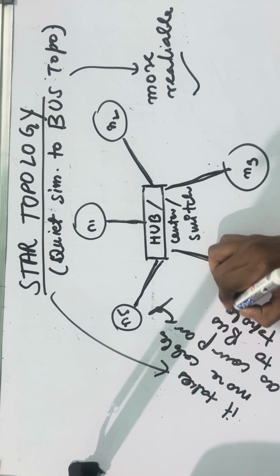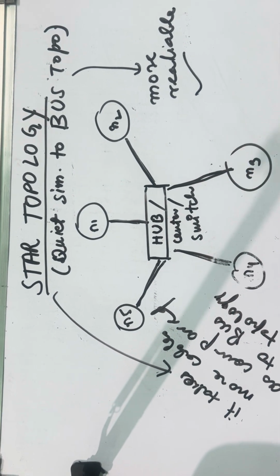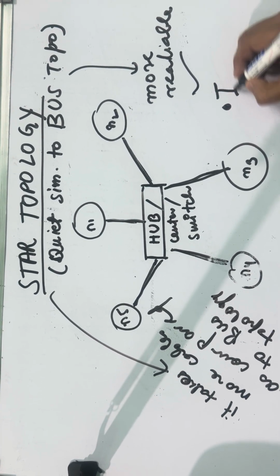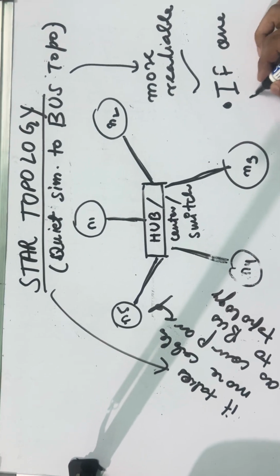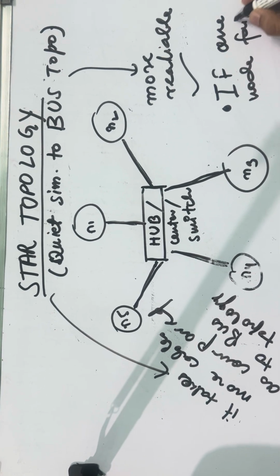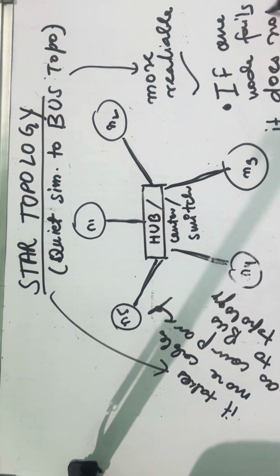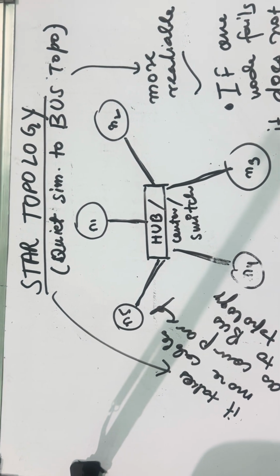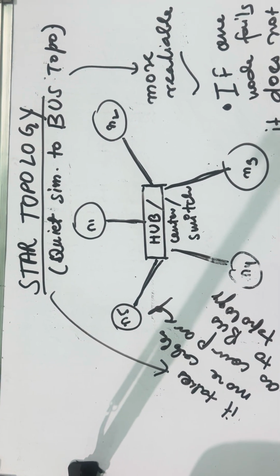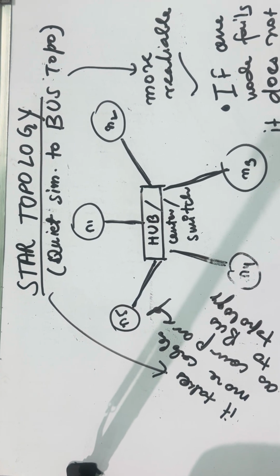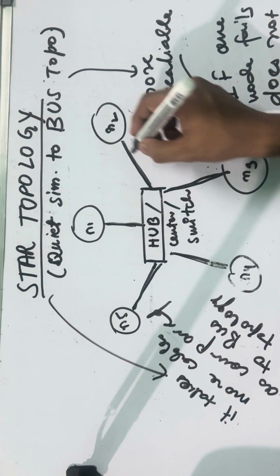What else can you say? If one node fails, it does not disrupt the system, that is the star topology system. It does not affect it, and it's quite easy to debug.